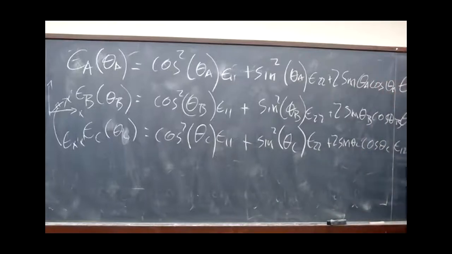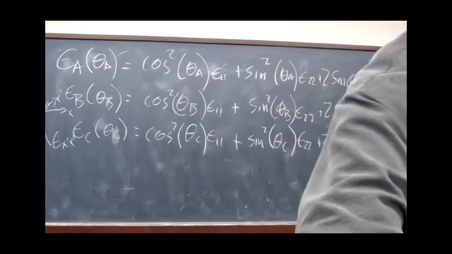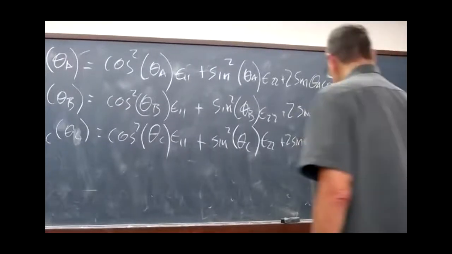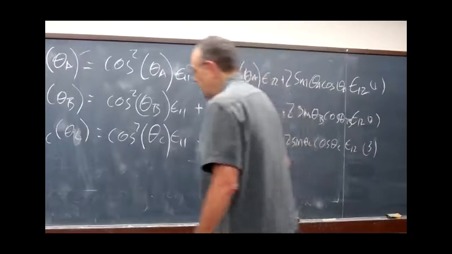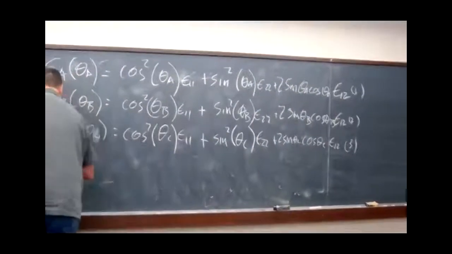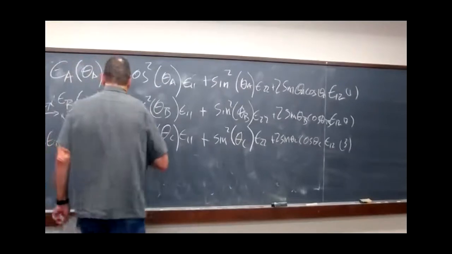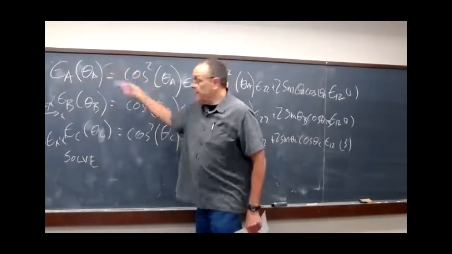Okay, so I have three equations, and I think I'm off the board, right? A little bit, sorry. Three equations, three unknowns. So I solve, because remember, this is what I know. This is what I've measured.